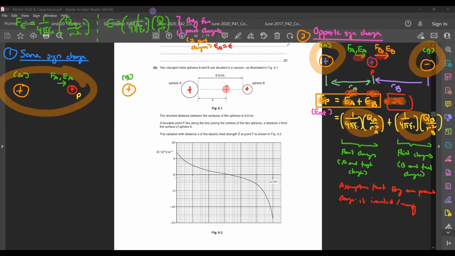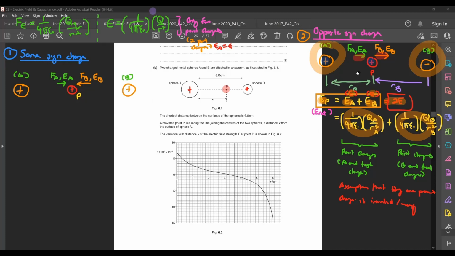But if you consider the effects due to sphere B on your positive test charge, because these are positive, they are repulsive by nature. This means your electric force due to B, and subsequently your electric field strength due to B, will be towards the left. This one will be in the opposite direction. Since field strength is a vector, anything with an opposite direction would normally be given a negative sign.